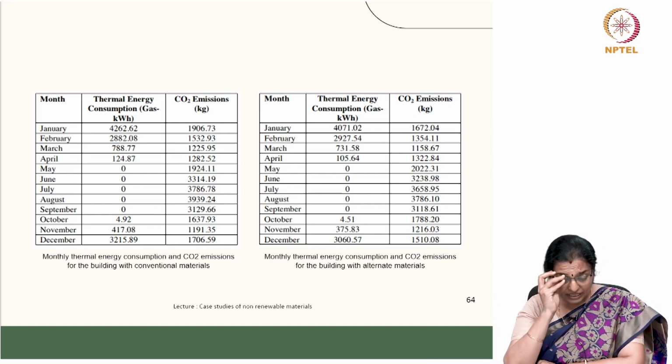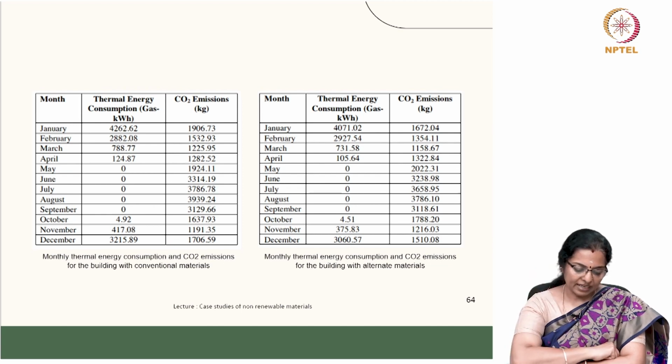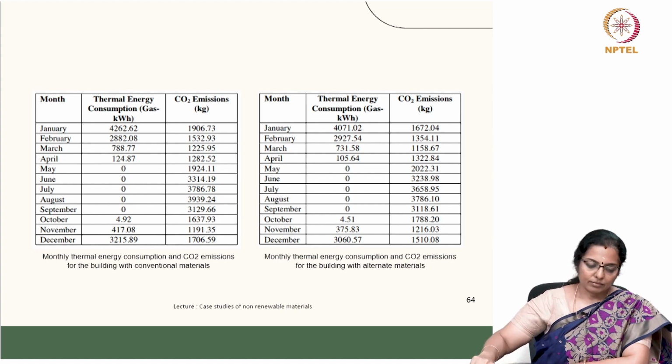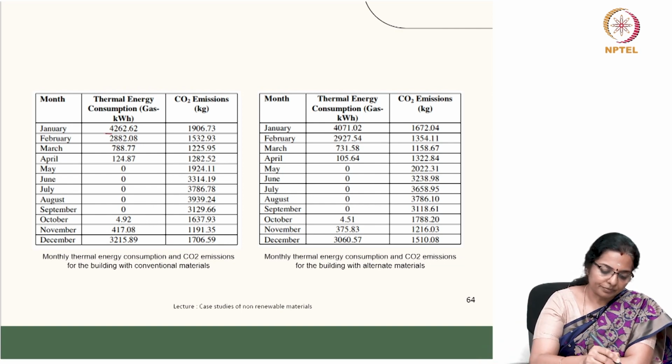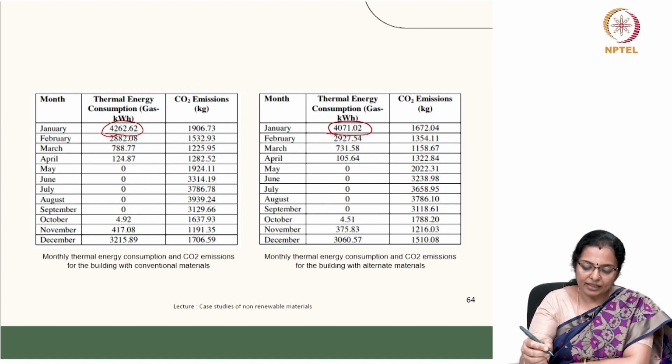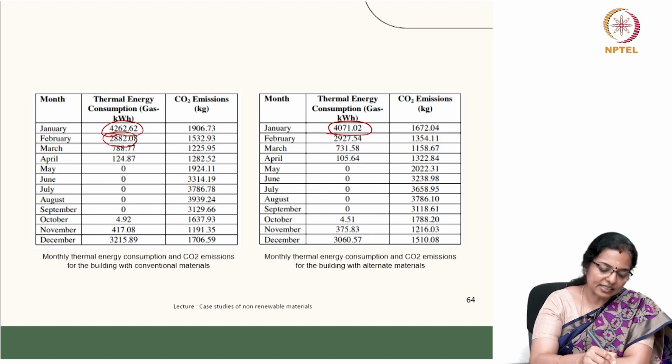So, in this study, monthly thermal energy consumption and CO2 emissions for the building with conventional materials was calculated, and the same was calculated using alternate materials. You can see that for the thermal energy consumption of each month, the energy consumption of alternate materials is less for each of the respective months.